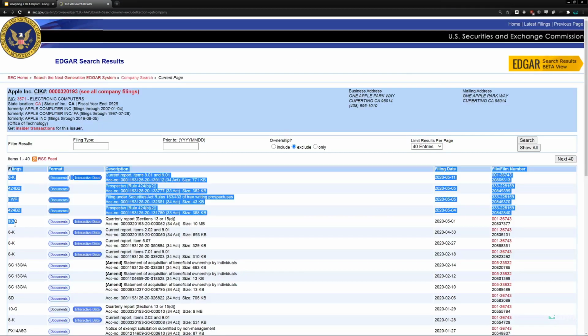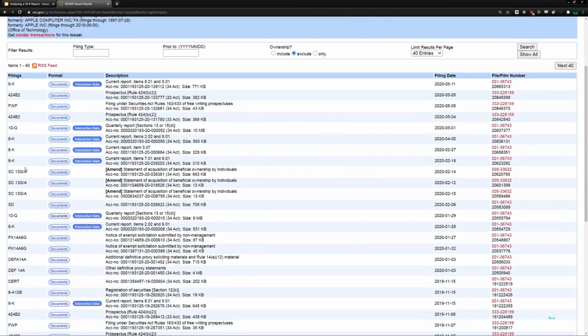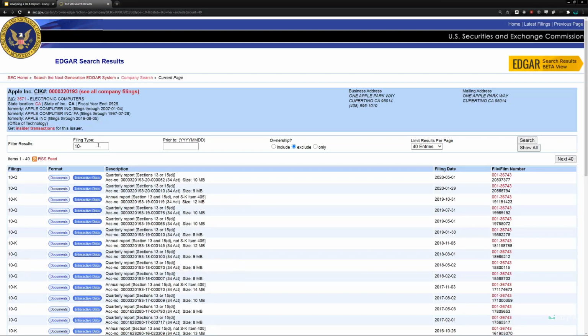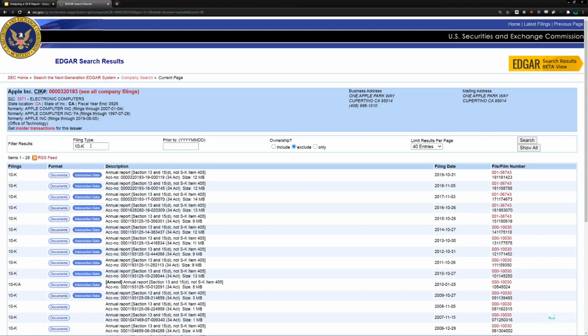These are all of the filing types along the left-hand side here and the format that they're in, then a description of them, the date they were filed, and a couple of filing numbers. If you want to find 10K or 10Q reports, which are the annual or quarterly reports, you can just put in 10-, and that will find both 10Qs and 10Ks, or you can put in specifically 10K if you're looking for only annual reports.